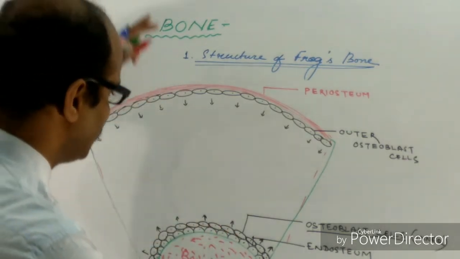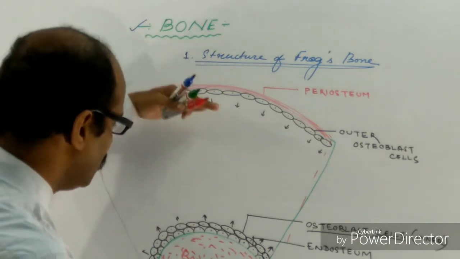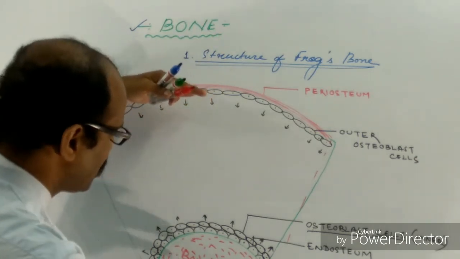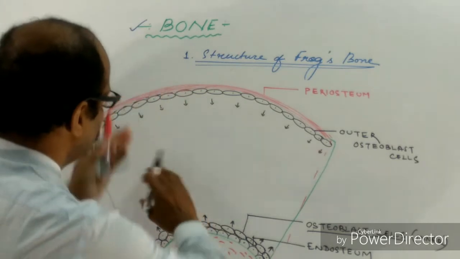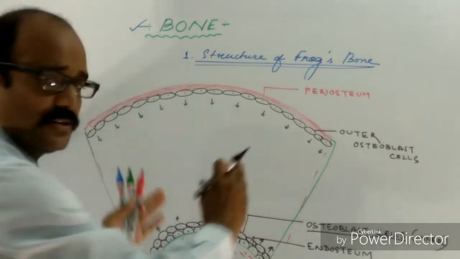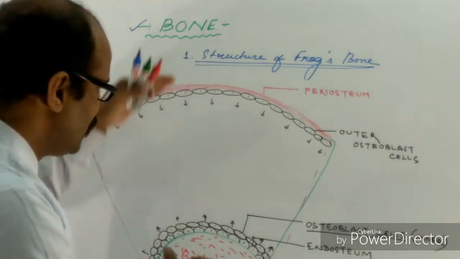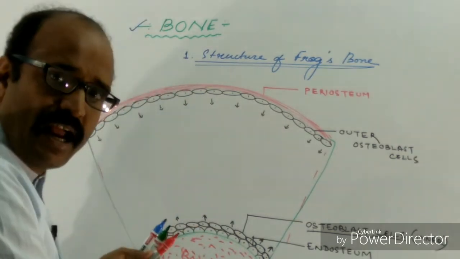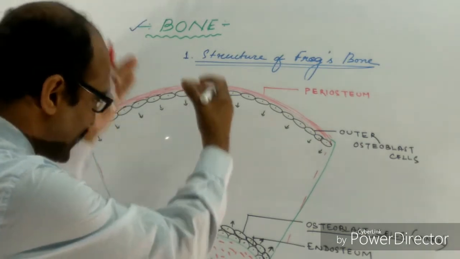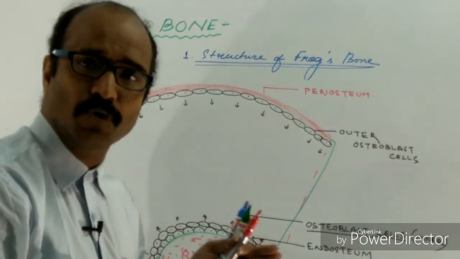Obviously, with secretion of ossein from outer to inner and from inner to outer, a pressure is exerted in this region. That's why there is a need for balance between secretion, depositing, and removing of the ossein protein.